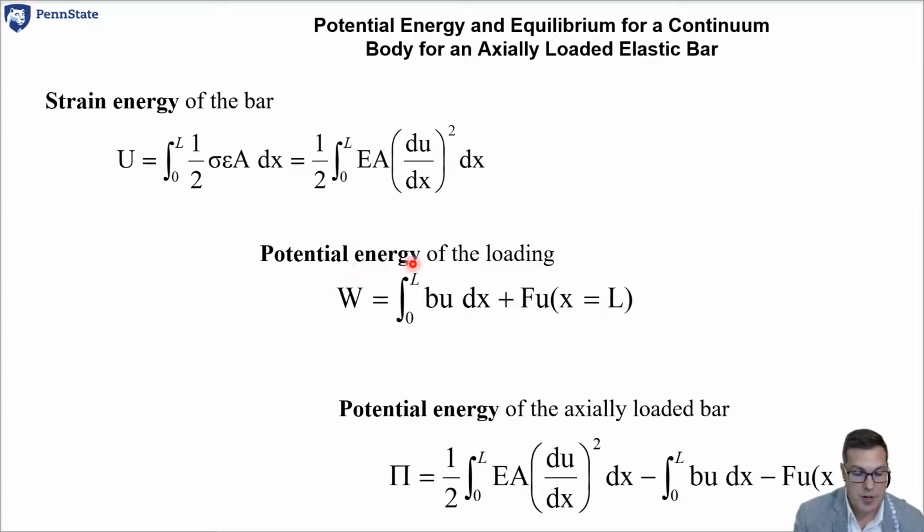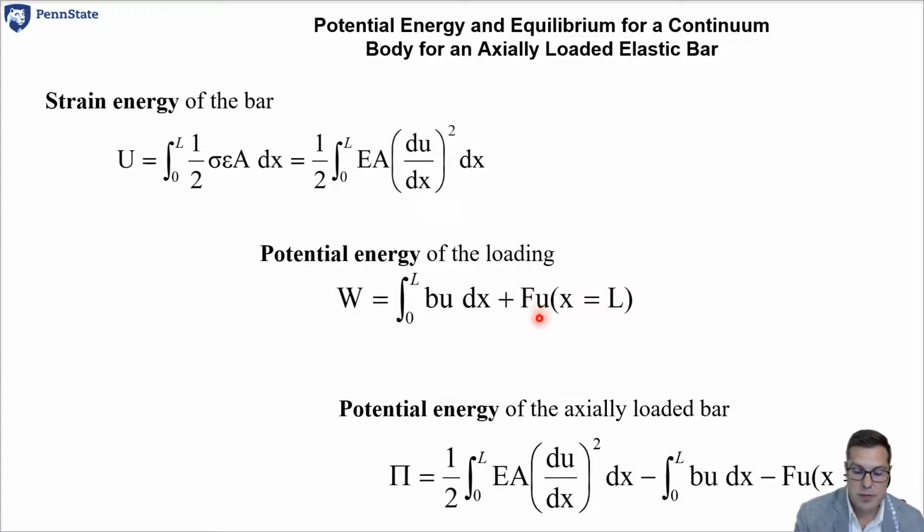We can then write our potential energy. So we have the integral from 0 to L of those body forces times a displacement, let's say at different locations. Those might be nodes described by the mesh that we develop along x. And then the force applied, notice we don't have an integral here.